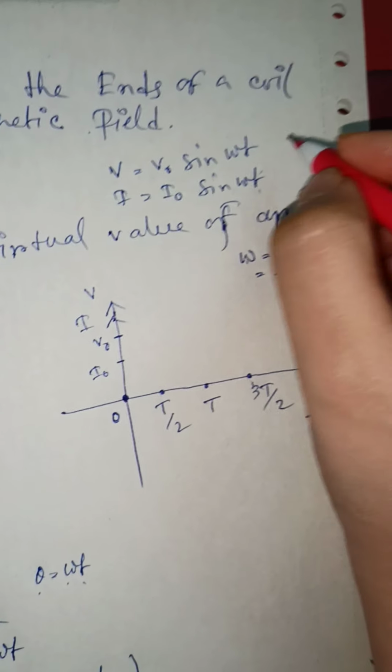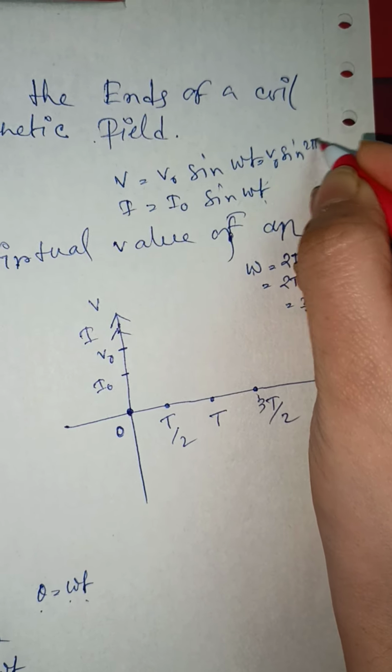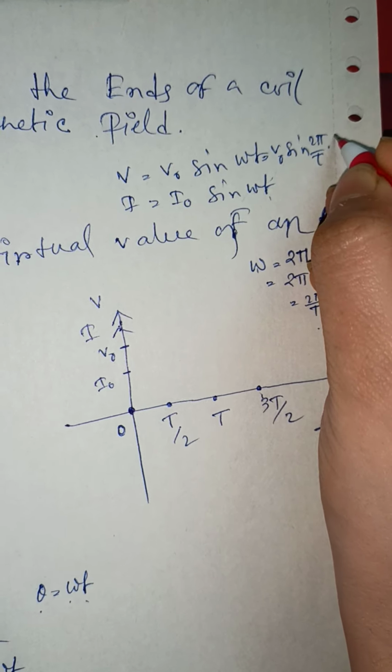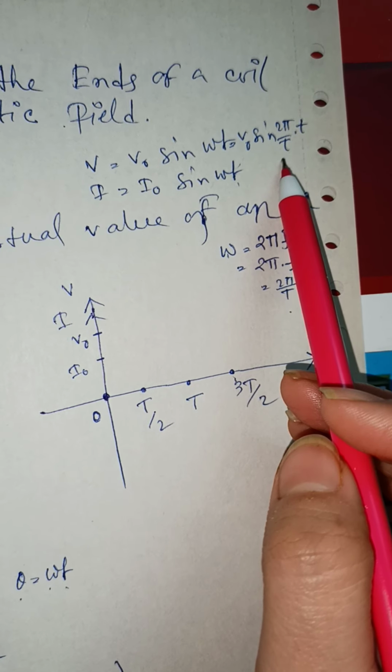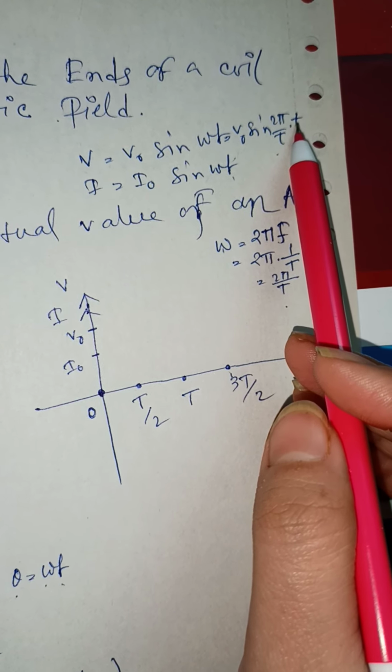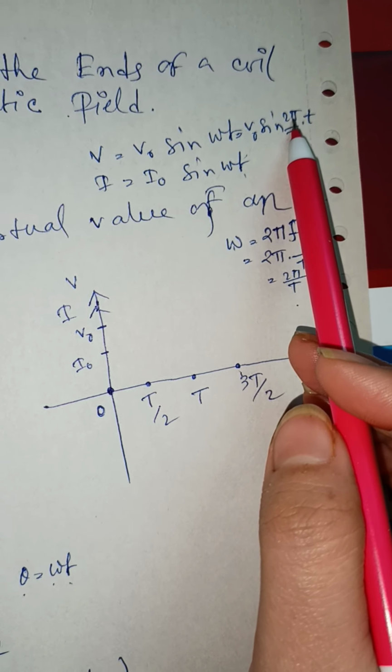So just put this value: V naught sine of 2 pi by T into small t. When t equals T by 2, T cancels, 2 cancels, so that gives sine pi.